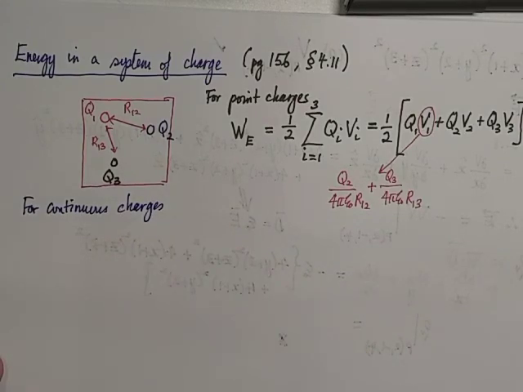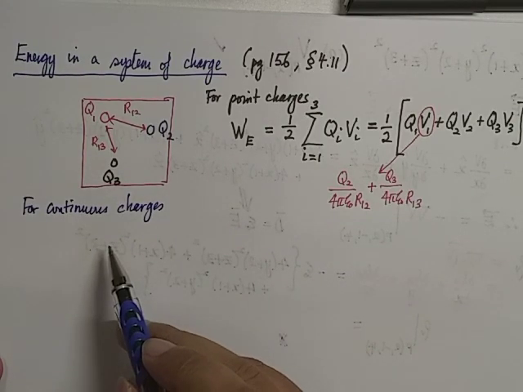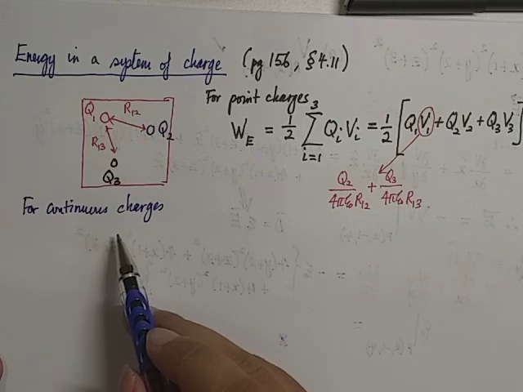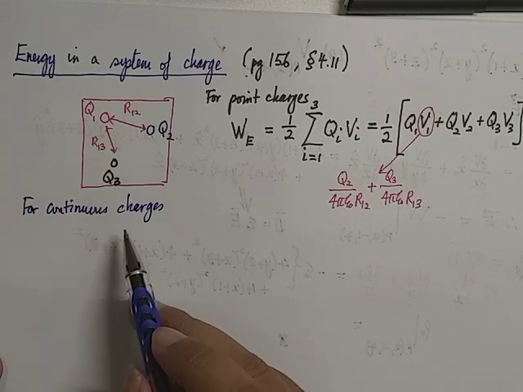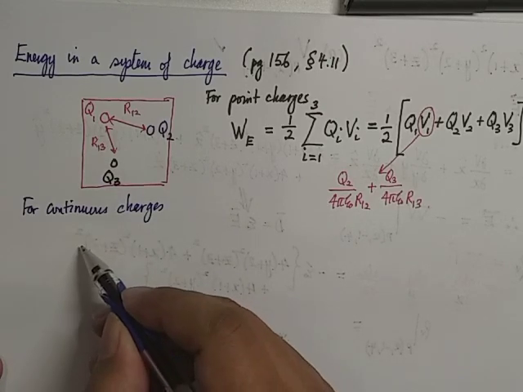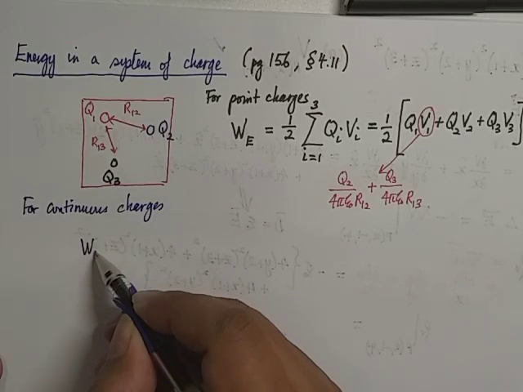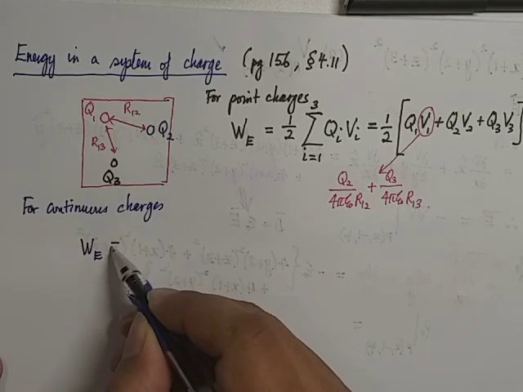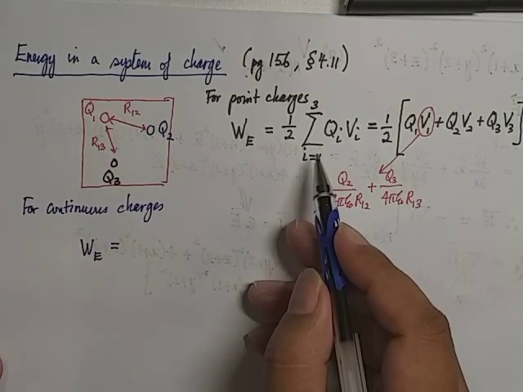Remember, continuous charge can be defined as either line charge, surface charge, or volume charge. How do we determine the energy stored? We just need to rearrange the original equation that we saw before.